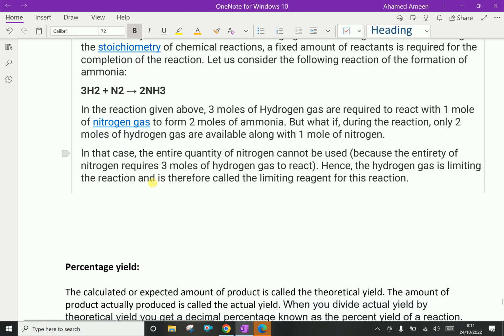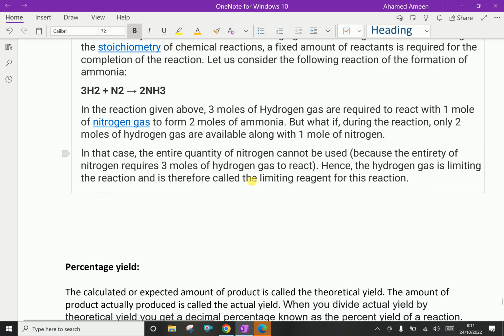What happens? In that case, the entire quantity of nitrogen cannot be consumed, because the hydrogen is not enough to complete the reaction.